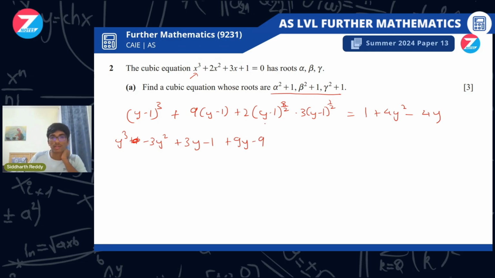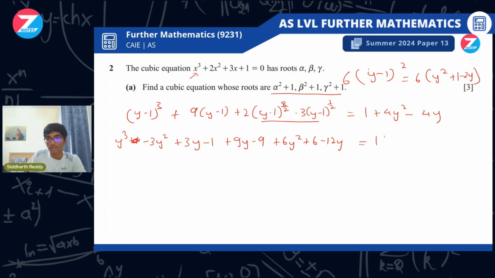Okay, plus, and this (y minus 1) to the power 3 by 2 times (y minus 1) to the power 1 by 2 will just become, the exponents will add, so we'll get (y minus 1) just square, and it'll become 6 times (y squared plus 1 minus 2y), which is just plus 6y squared plus 6 minus 12y, is equal to 1 plus 4y squared minus 4y.